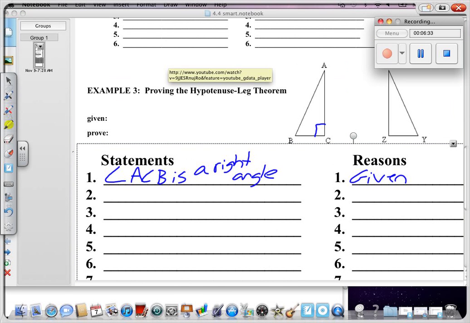Next, I'm going to say angle XZY is a right angle. And that's given. Now I'm going to do this crazy thing where I'm going to draw in another triangle.